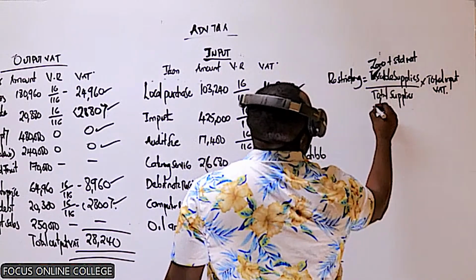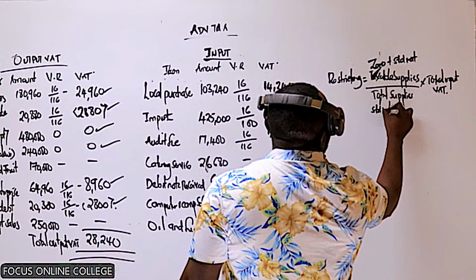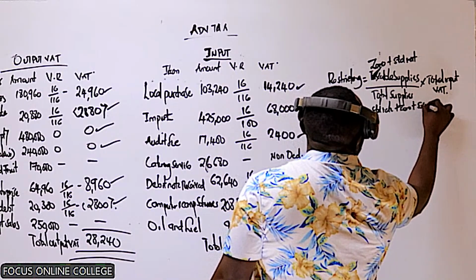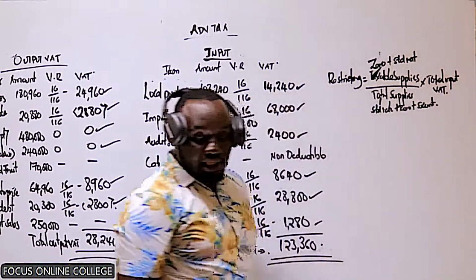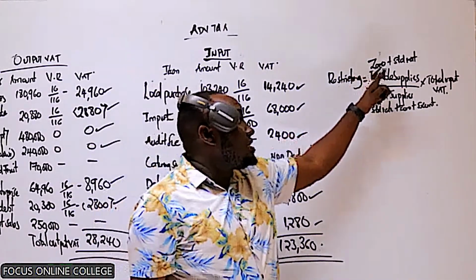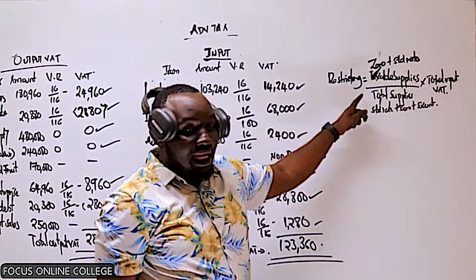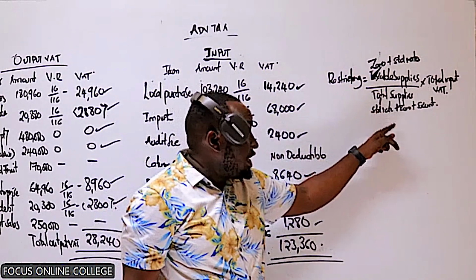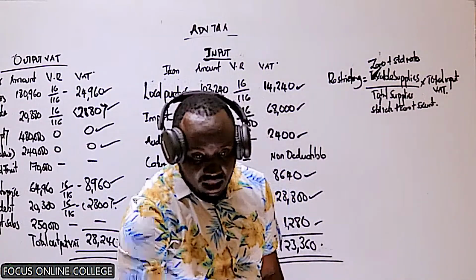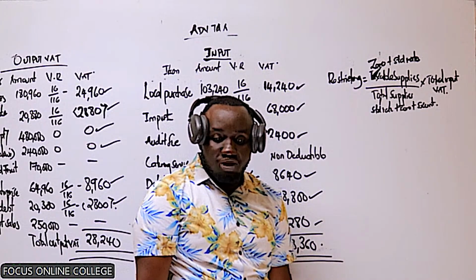When you talk about total supplies, that is standard rate plus zero rate plus exempt. Is that noted at the back of our mind? When you talk about taxable supplies, that is the zero rate plus the standard rate. And total supplies should be the standard rate plus zero rate plus exempt. Together, team? Kindly give me yes if you're together.